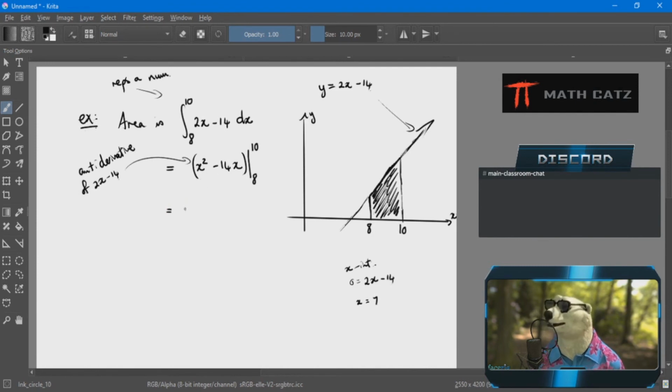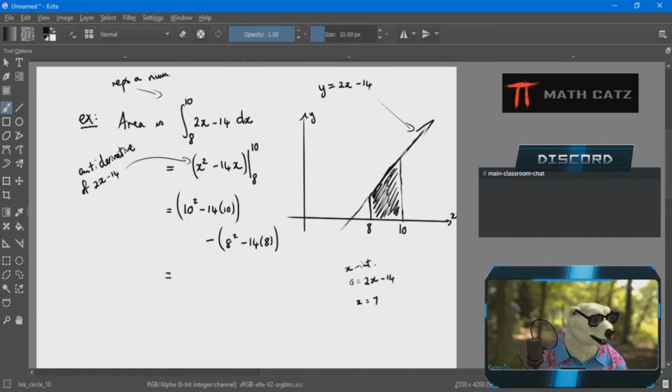So then I plug in the 10 to get 10 squared minus 14 times 10 minus, plug in the bottom number, 8 squared minus 14 times 8. Always plug in the top minus plug in the bottom. So let's ask our MathBot what we get, but you should do that with me just to be sure.